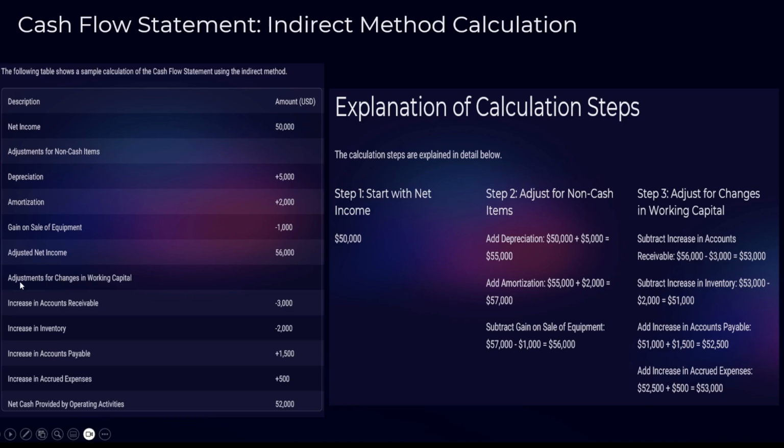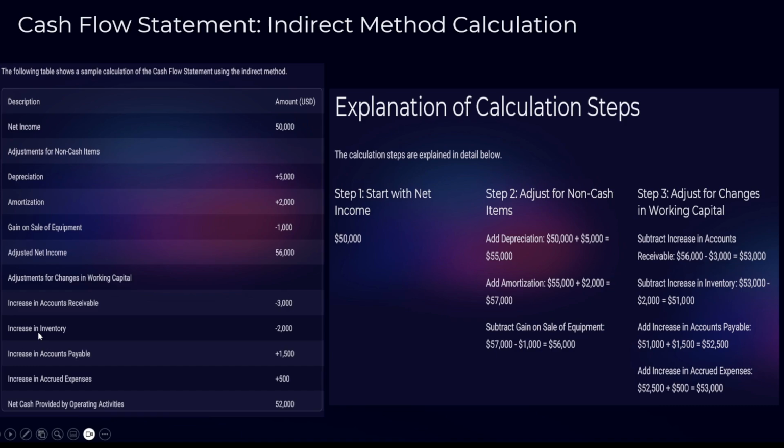The next step is adjustment for changes in working capital. We have an increase in account receivable and an increase in inventory. We get these values from the balance sheet accounts. An increase in account receivable means we invoiced customers and haven't yet received money.